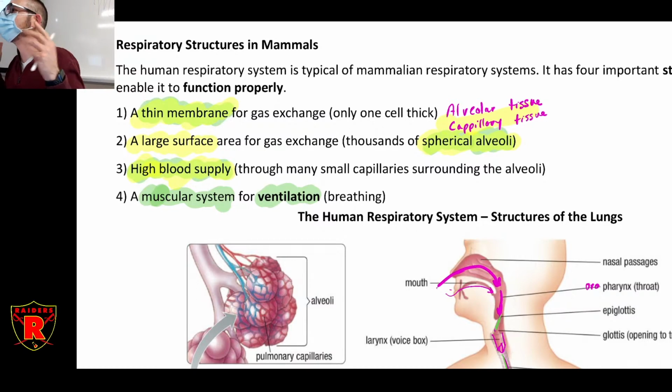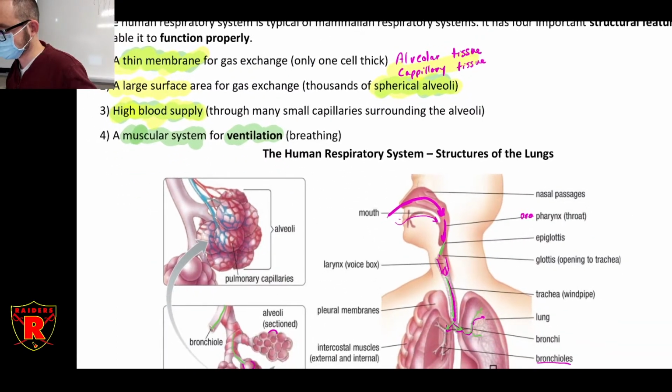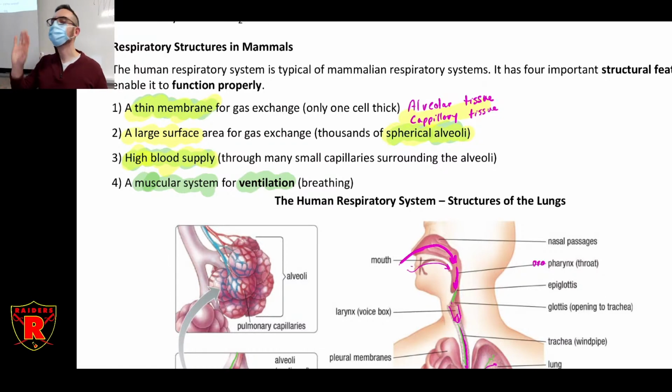If you're a fish, you've seen it before, they move their gills around to flow water over them to increase ventilation. That's ventilation for them. And you guys have to breathe. Those are the key components that you always have to have in a respiratory system for any animal.